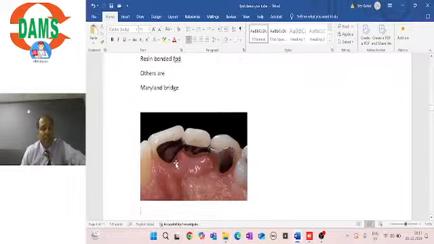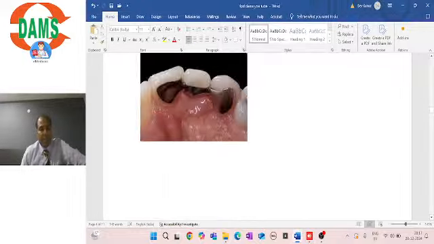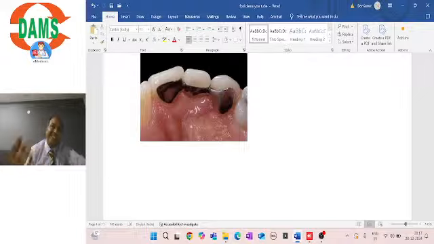Third bridge that was given, if somebody asks you, that is based upon the lost salt technique. Remember, the lost wax technique is definitely your casting procedure, where the wax is burned out and then we do the casting.